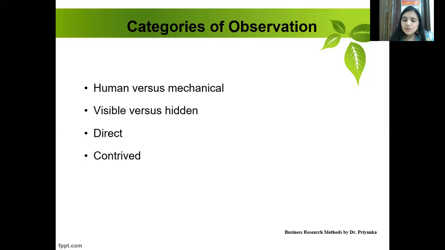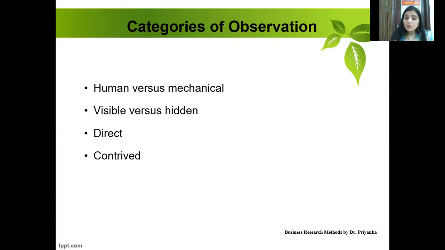It can happen in both cases, the human observer case and the mechanical observer case as well. Maybe I am observing someone for the purpose of research, and I'm not telling them that I am observing them. I might be asking them questions which are being recorded by me in my mind, and later on I might be noting them down.